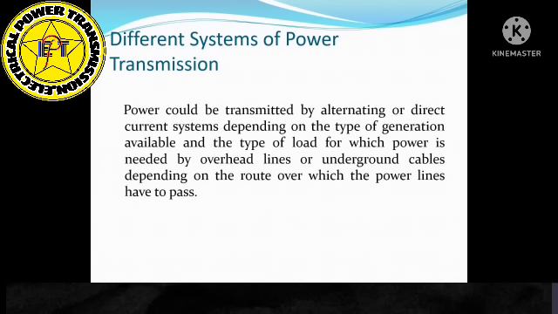What do we mean by conversion? Conversion means to convert AC power into DC, and inversion means converting DC power back into AC for utilization and for use. So now we are clear that it is not mandatory that all the time we transmit power through only AC lines. We have both options available, AC as well as DC.